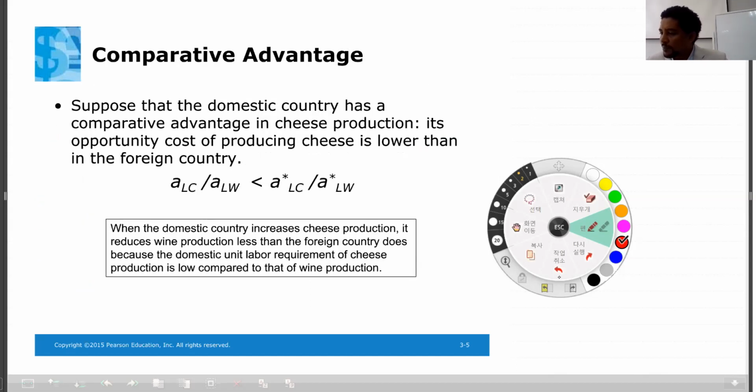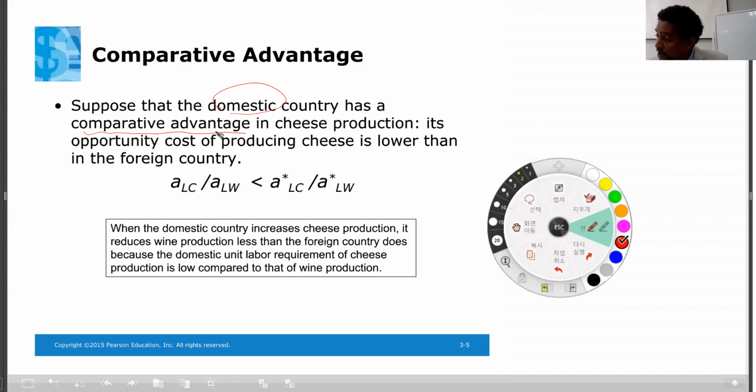So let's talk about comparative advantage. Suppose that the domestic country has a comparative advantage in cheese production. So when we say a domestic country has a comparative advantage in cheese production, it means that its opportunity cost of producing cheese is lower than the opportunity cost in the foreign country.